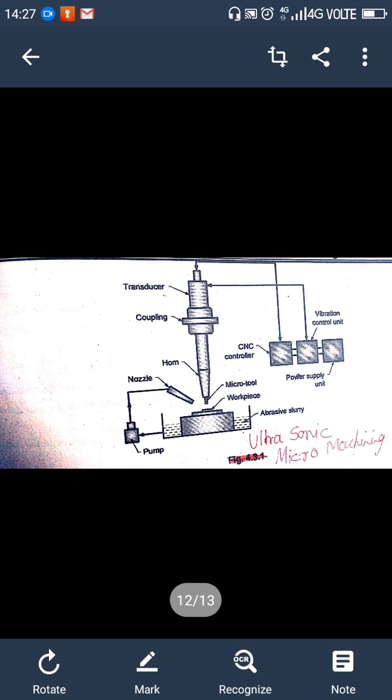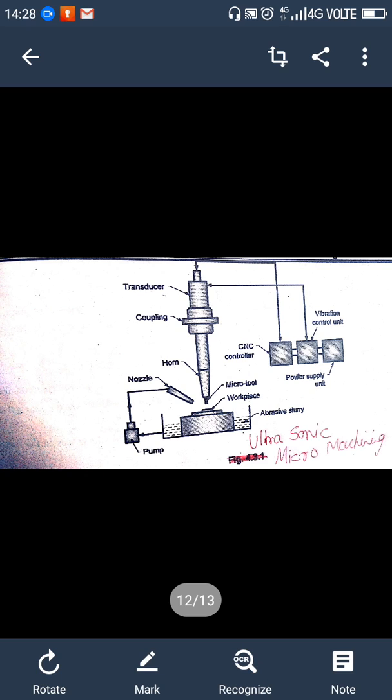Now come to this topic. What is it? It is the ultrasonic micromachining process. This diagram shows the components of the ultrasonic micromachining process. Here you can see at the bottom there is a pump, and through a nozzle we are focusing this abrasive material on the workpiece, and the main components you can see are the transducer, coupling and horn.